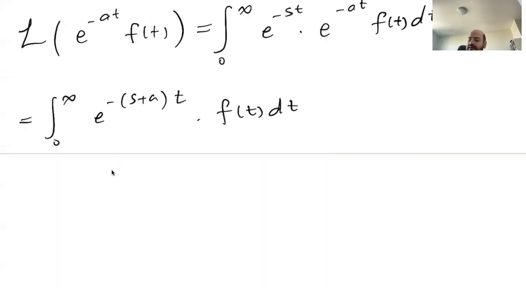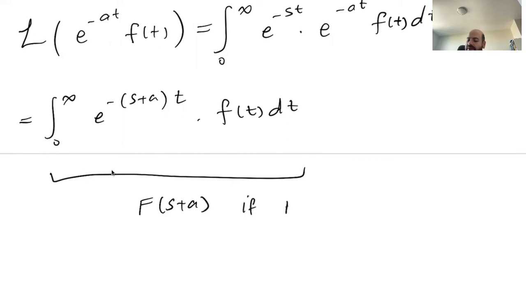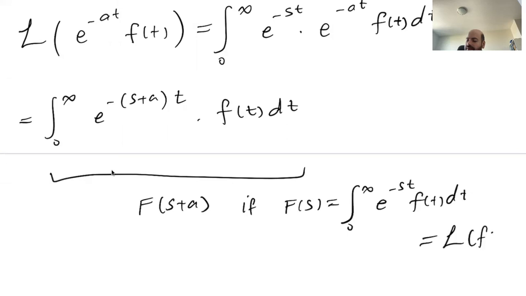And this is exactly capital F of s plus a, if capital F of s equals the integral from 0 to infinity of e to the power minus st f of t dt, which is the Laplace transform of f of t.